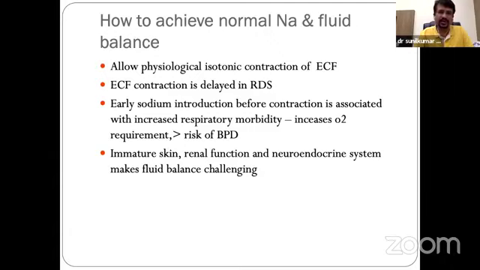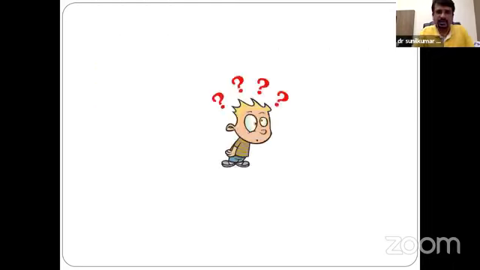And even in PDA, it is not the water, it is the early introduction of sodium which is going to enhance the reopening of PDA, and it even increases the risk of NEC. And as I told, immature skin, renal function and neuroendocrine system make fluid balance challenging in premature babies. Okay. So where do we need to focus and act appropriately?